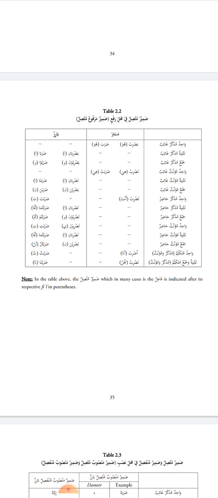Remember, these two sigas are not mu'rab, they are mabni. Siga jam'a muannath ghaib, fi'l mudari, and siga jam'a muannath hadir, these two forms are mabni, not mu'rab. So the noon in these two sigas is the damir baris, in yadribna and tadribna.